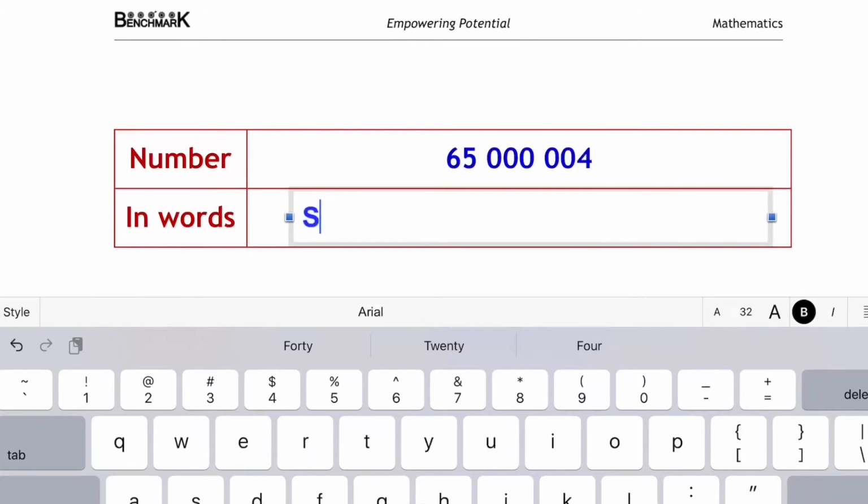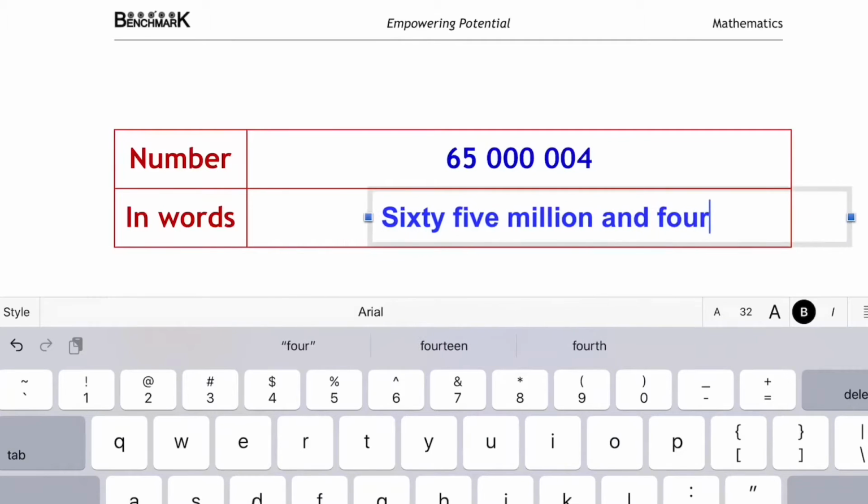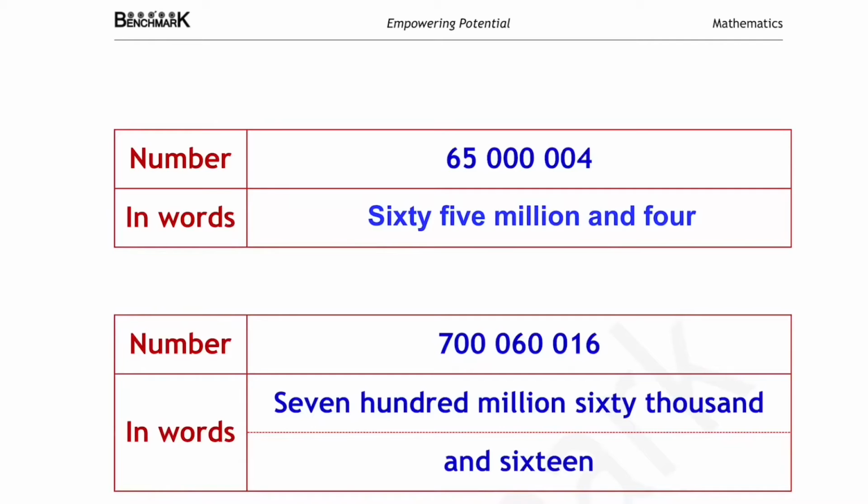So I have 65 there. 65. And the bridge is million. Look, for the bridge 1000 there's nothing. The last 3 digits are connected by the bridge 1000, but under 1000 there's nothing. So my last 3 digits is 4. So then I am using the term "and" and then I am giving 4. So that is the name of this number.